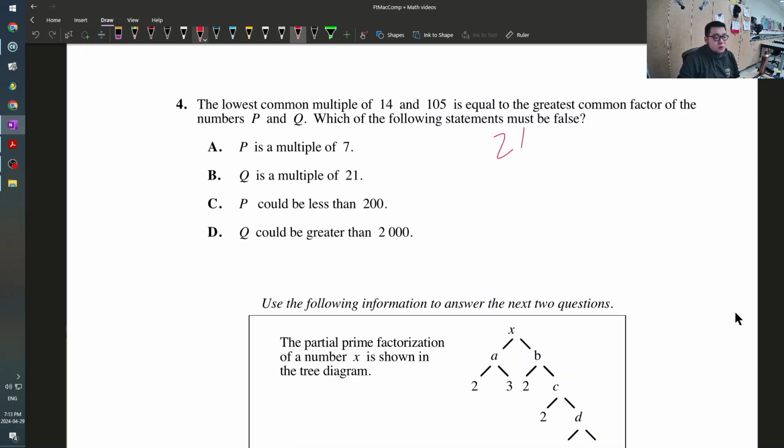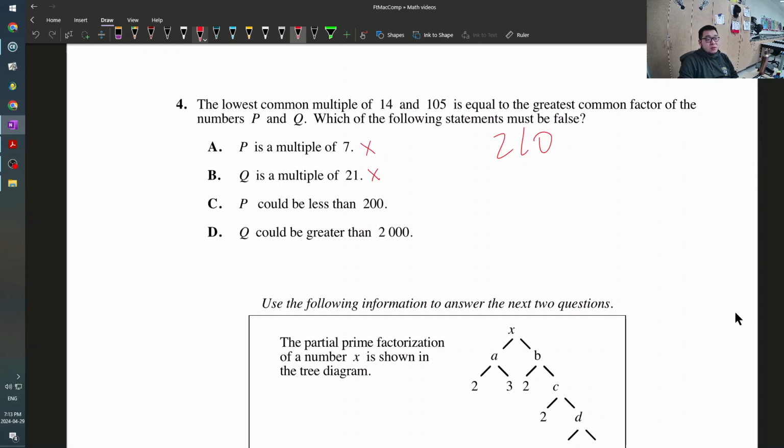If 210 is the greatest common factor, P doesn't have to be a multiple of 7, but it could be. Q is a multiple of 21, so it is not 100% false, but it could be.